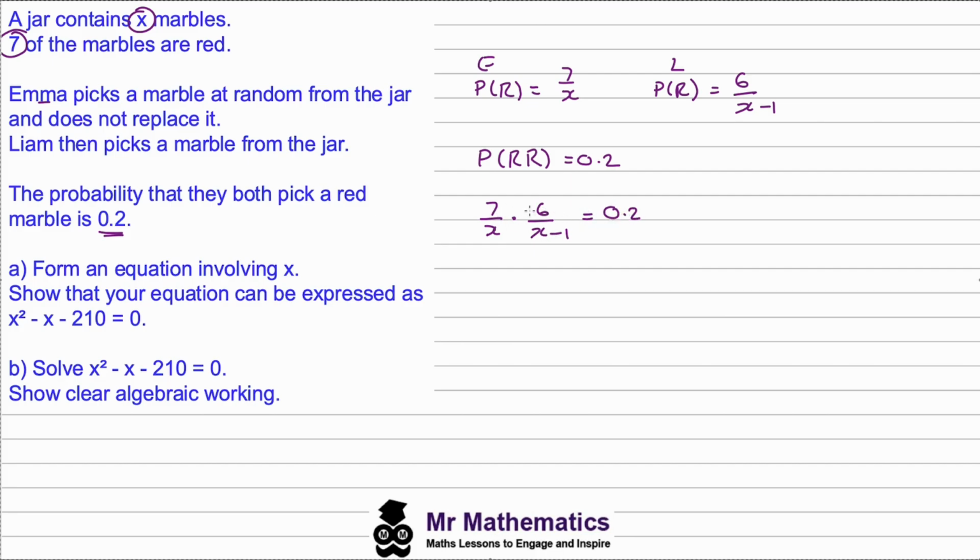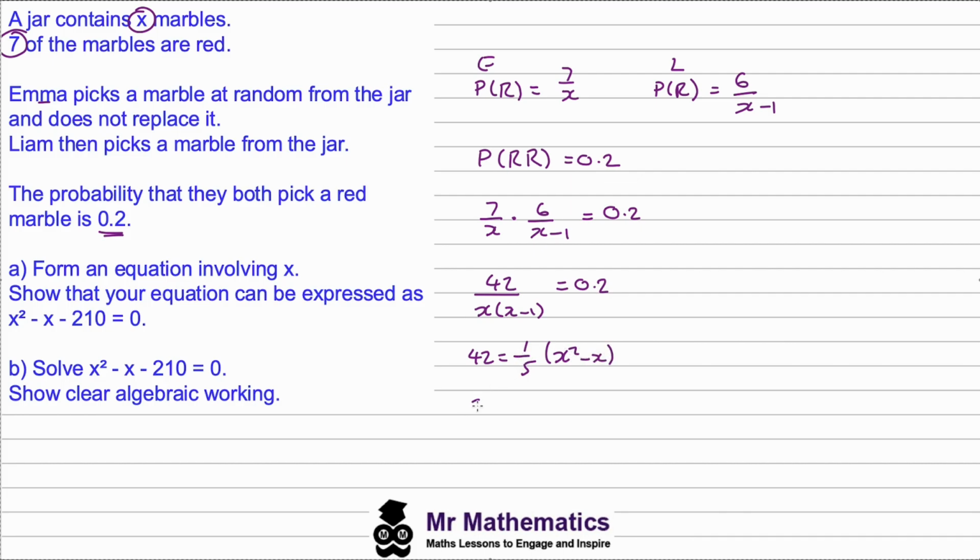We can multiply the numerators, and we get 42. For our denominators, we get X multiplied by X minus 1, and this must equal 0.2. We'll move this denominator over to the right-hand side, and we'll expand out the brackets. So we've got 42 will equal 0.2, which is 1/5, of X squared minus X. And then we can multiply both sides by 5.